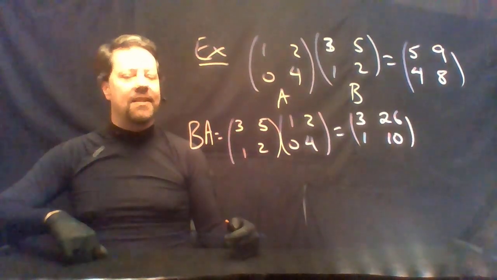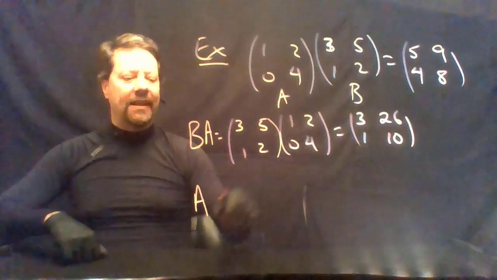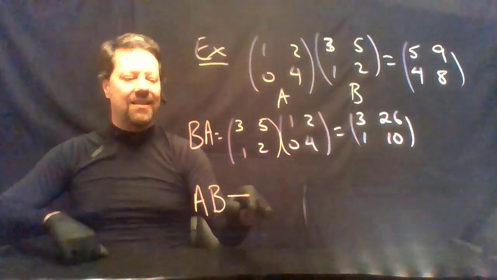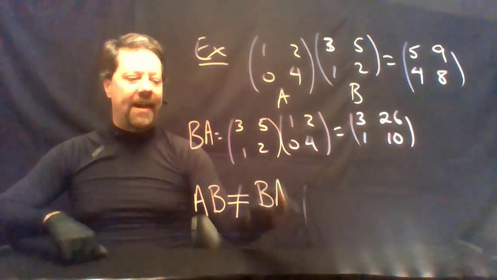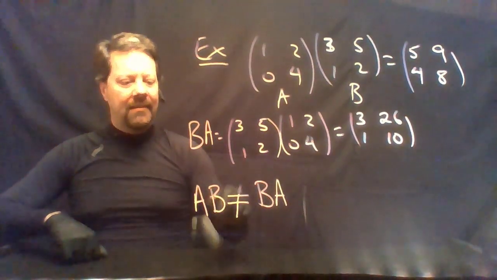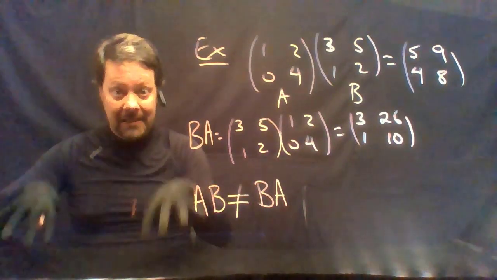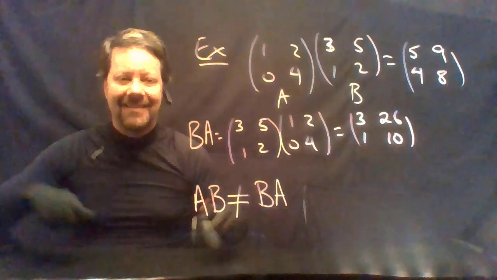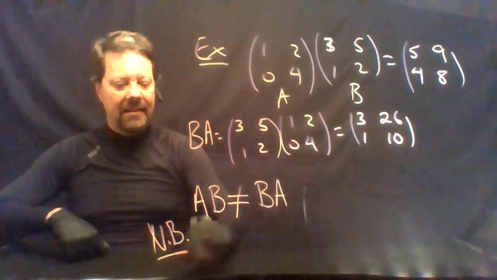So I want you to see something very important. As far as matrix multiplication is concerned, it is not always true that AB equals BA. In fact, more often than not, AB does not equal BA. What does this mean? Nota bene.